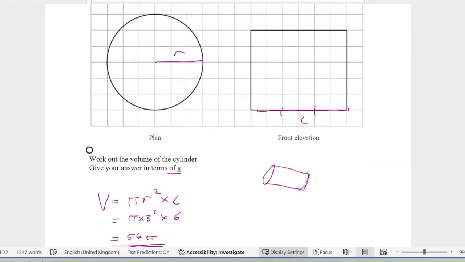So I've fallen for a mistake here. Anybody spot what mistake I've made? Okay, my mistake is this isn't actually the length. So this is 6 centimetres, which is actually the 6 centimetres is not this length. The 6 centimetres is this.